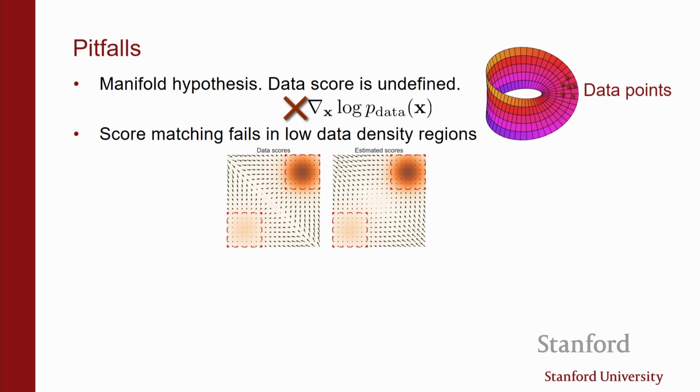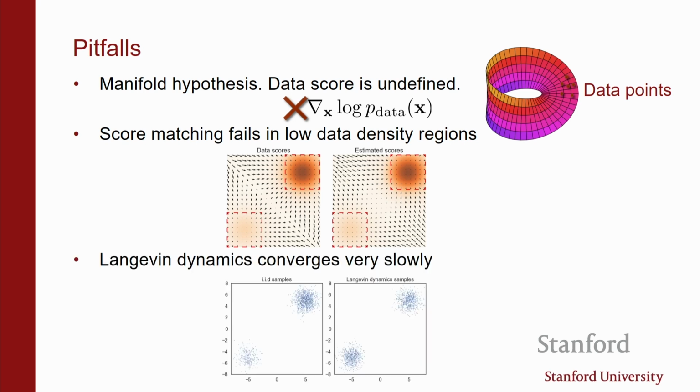If you think about the loss, it depends on samples that you draw from the data distribution. Most of the samples are going to come from high probability regions. When you're far away, you have an object that looks nothing like, let's say, an image. You've never seen these things during training. It's unlikely that you're going to be able to estimate the score very accurately. And that's a problem because Langevin dynamics depends on this information to find high probability regions. And so you might get lost and you might not be able to generate good samples.